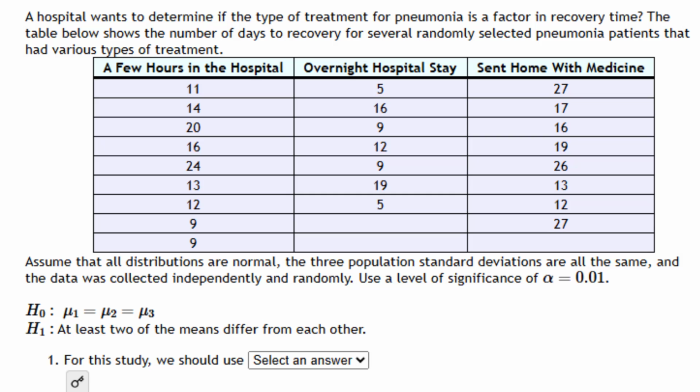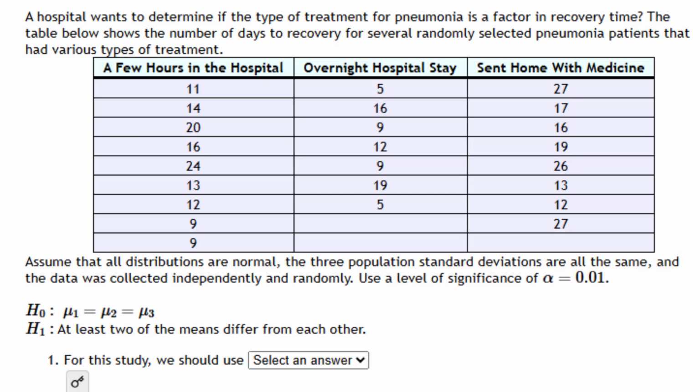So here's a typical ANOVA question where we have three groups with measurements, and we're just going to ask the question, does the average of one of these groups differ from the others?